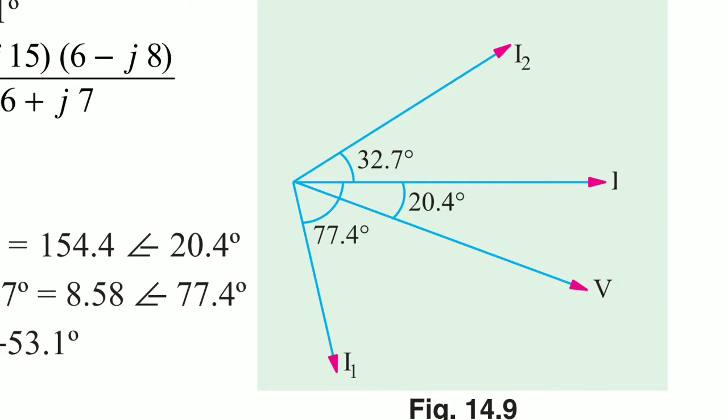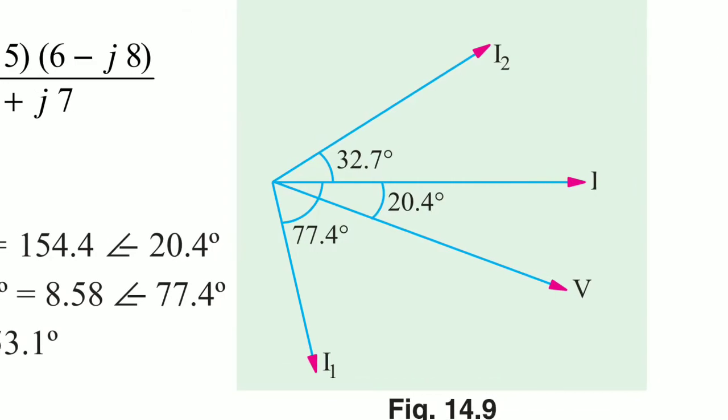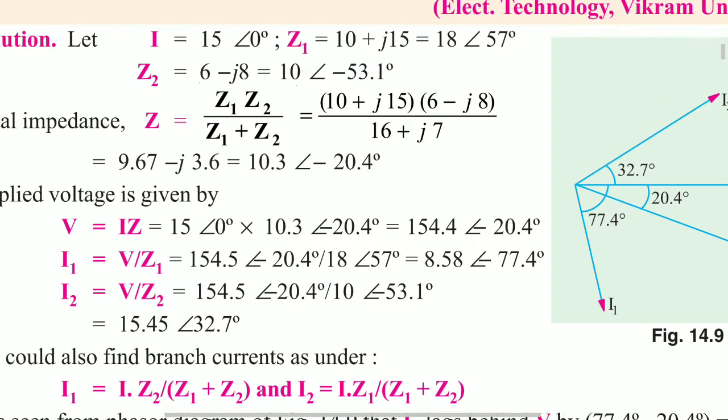The voltage is lagging, that means with respect to the voltage the current is leading, by 20.4 degrees. This 20.4 is the phi value, and cos phi is the power factor. So this is the vector or phasor diagram for this problem.